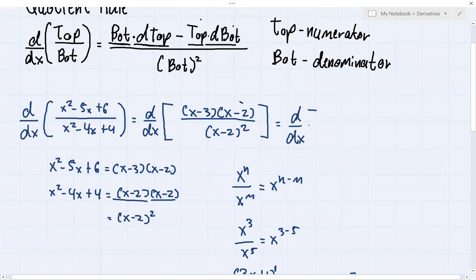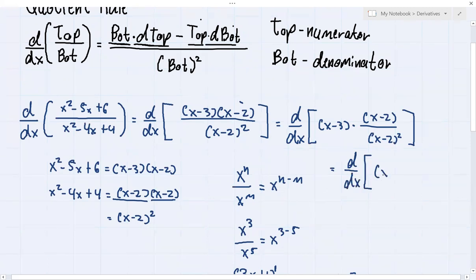So, we have the derivative of quantity x minus 3 times x minus 2 all over the square of x minus 2. So, what will happen here is we will have the derivative of quantity x minus 3 times quantity x minus 2 raised to 1 minus 2.